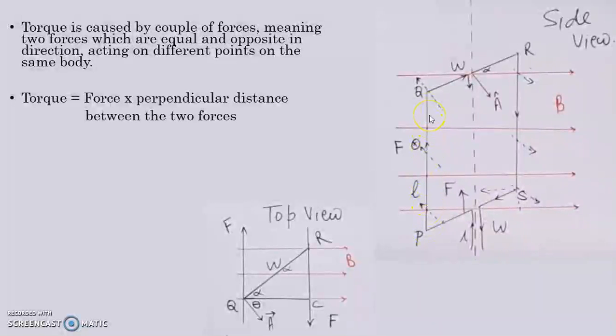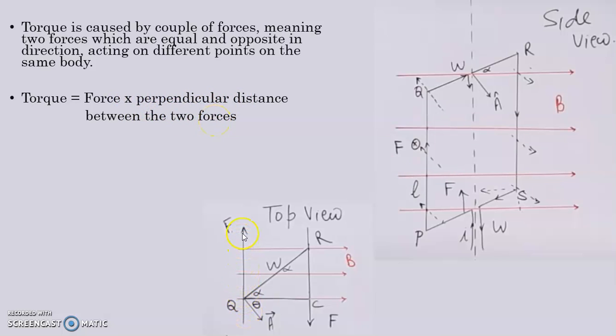So we have seen that couple of forces on PQ and RS will cause torque and hence the coil will start rotating in anti-clockwise direction. Let us find the amount of torque the coil will experience due to couple of forces on PQ and RS. The formula for torque is equal to force on one of the conductor multiplied by perpendicular distance between the two forces.